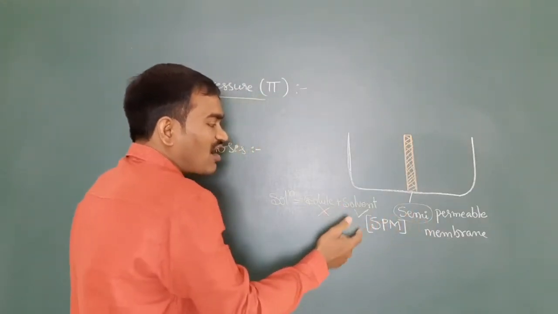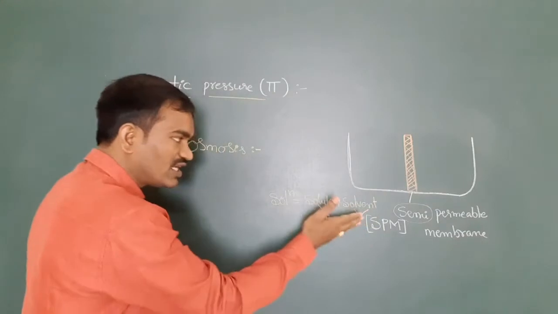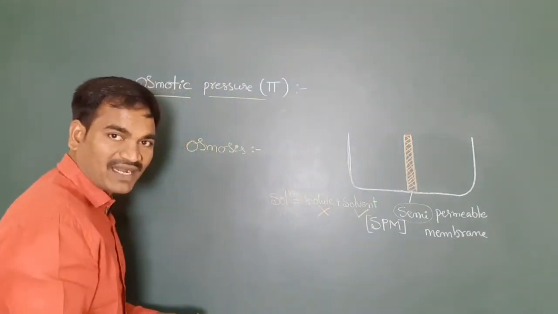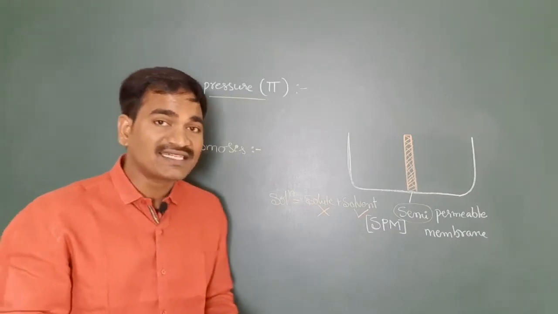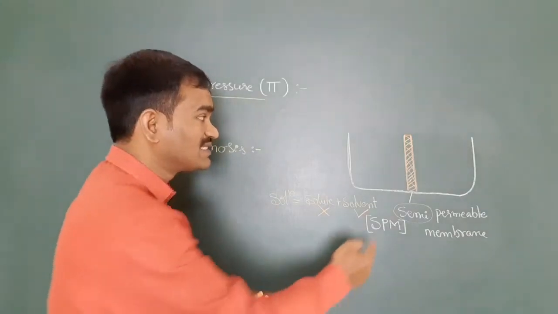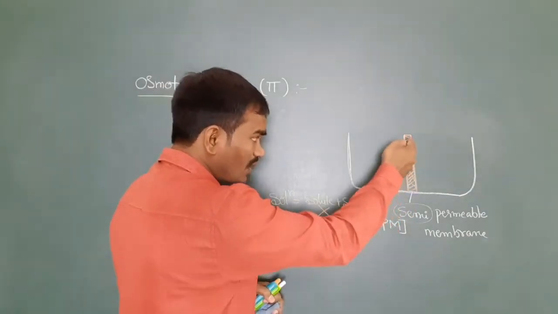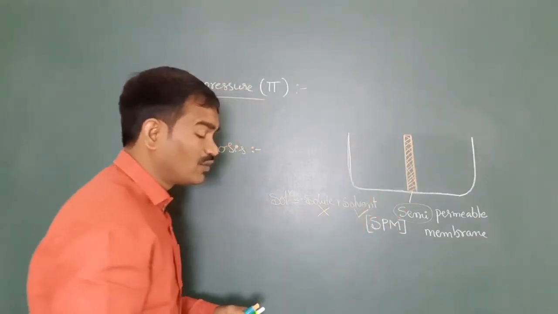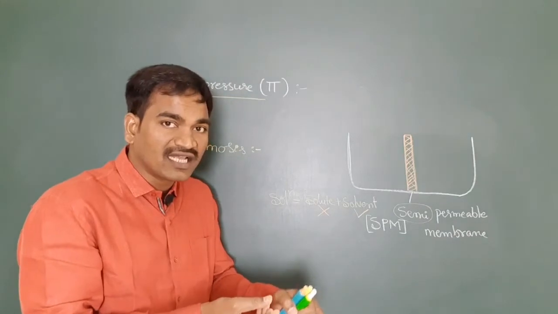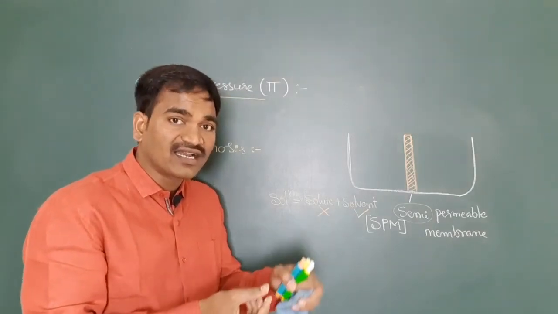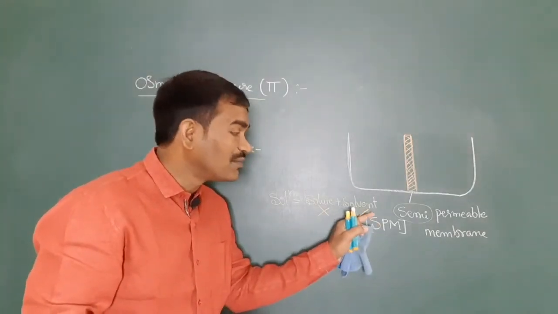So what is that half? Which particles will be allowed through this? That is the solvent particles. Why only solvent particles, sir? Here see, the pores present in the semi-permeable membrane are slightly greater than the size of the solvent particles.